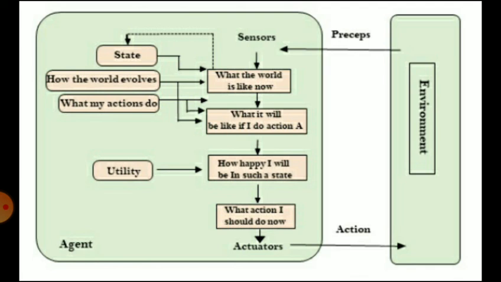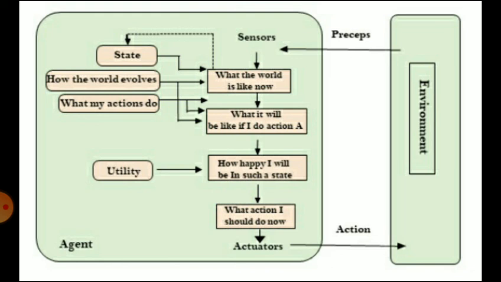Okay, so what the world is like now means the current perception, and there is a knowledge based model that consists of the state, how the world evolves and what my actions do, that is, considering the past history and what action has been taken at that time. That is the knowledge based model.